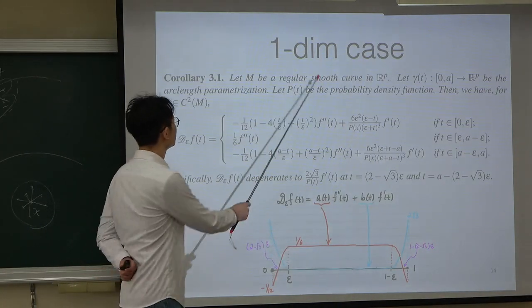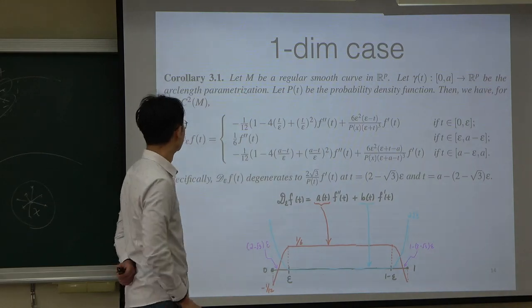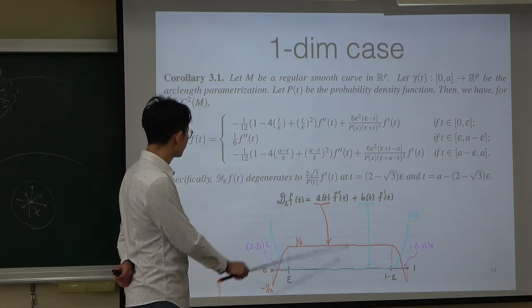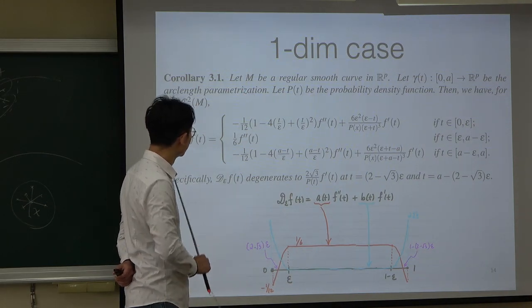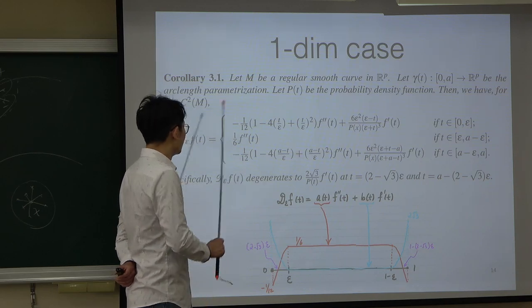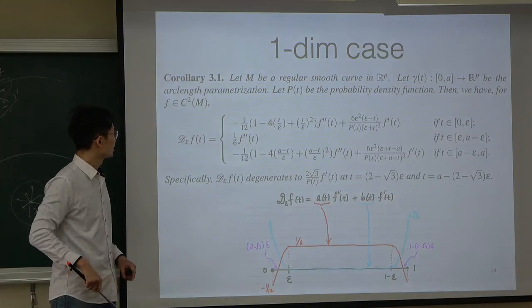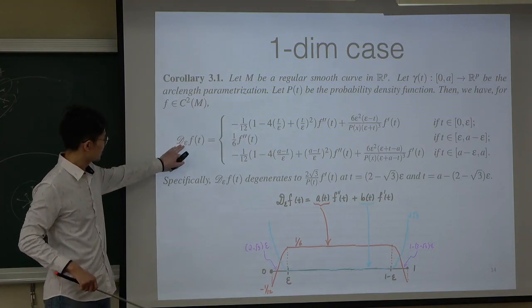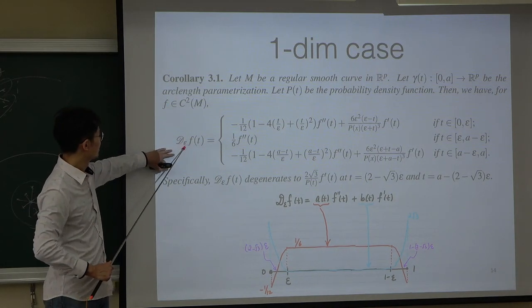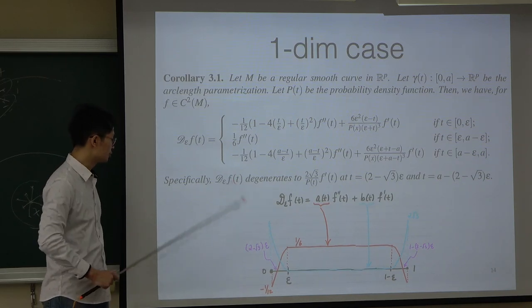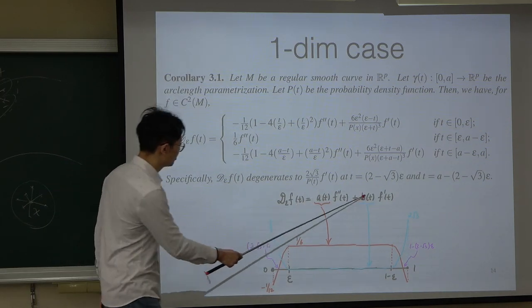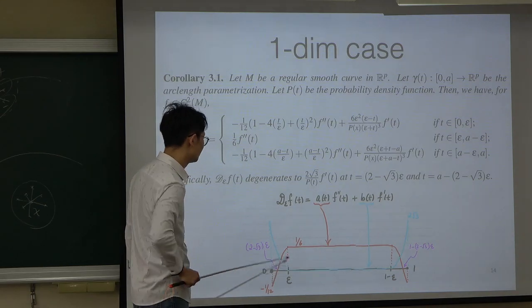And this is a one-dimensional case. I just showcase it to you. You can go to the paper and see more details. It just tells you that if we work with a one-dimensional manifold, which is very, very simple, then actually you can precisely write down the D epsilon operator, which has this beautiful behavior.